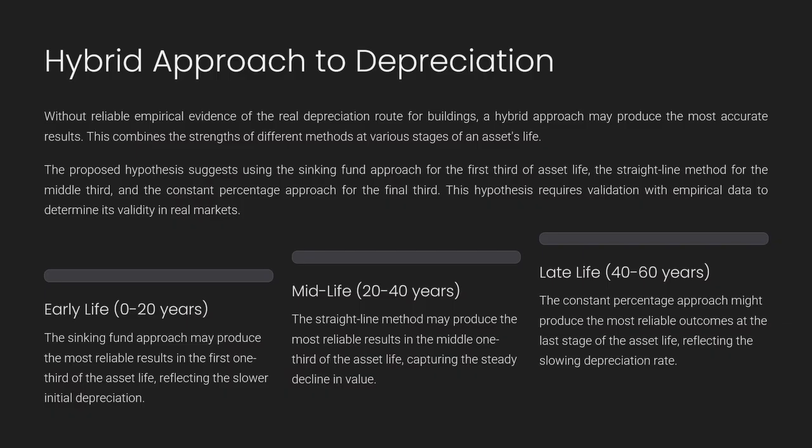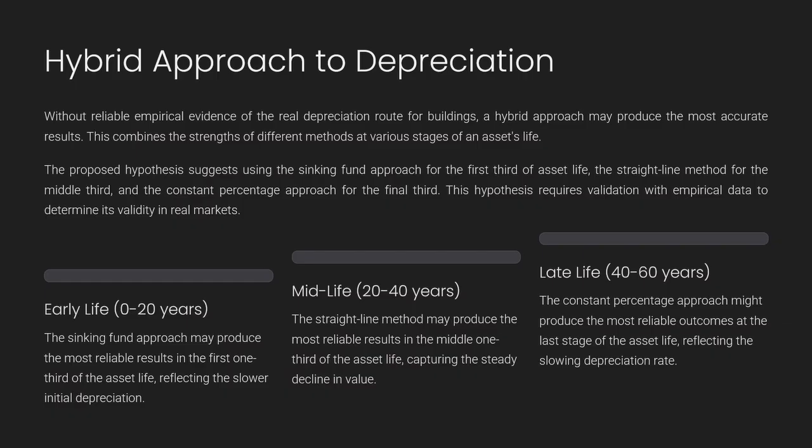The proposed hypothesis suggests using the sinking fund approach for the first third of the asset's life, the straight line method for the middle third, and the constant percentage method for the final third. So this hypothesis requires validation, and empirical data determines its validity in the real markets.